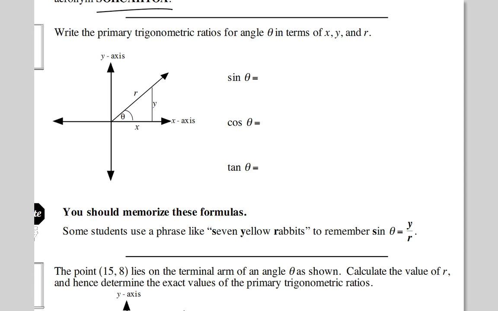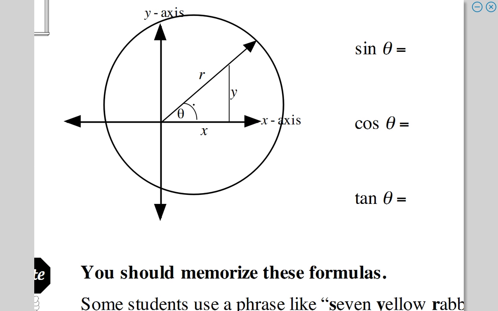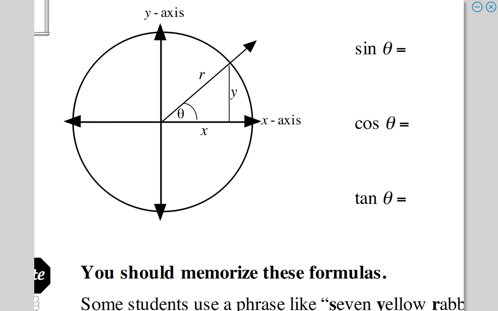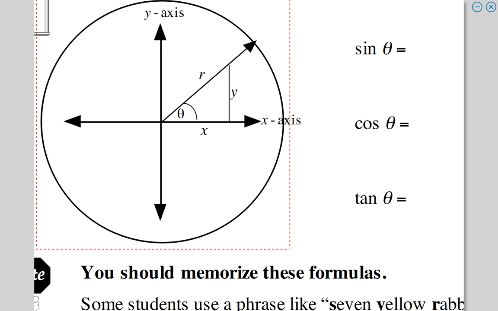And they use r for radius because, and you don't have to draw this, but just watch, that r value, if you just rotated it around, you would get a circle, right? That radius would spin all the way around, and you'd have a circle.